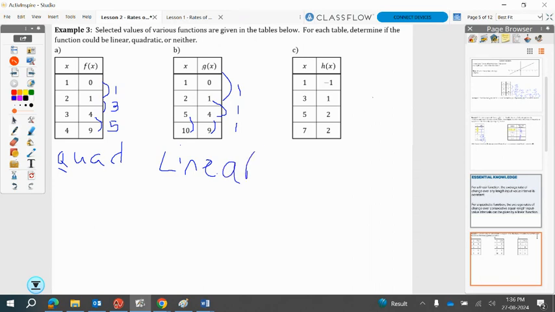Okay, the last one. We are going up by 2 as we go down, up by 2 here. So 2 over 2, that's going to give us 1. Here we go up by 1. Here we go up by 2. So that means we have an average rate of change of a half.